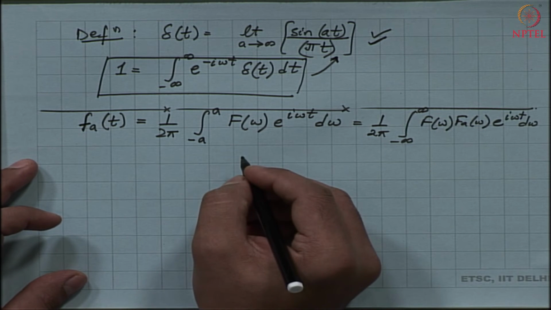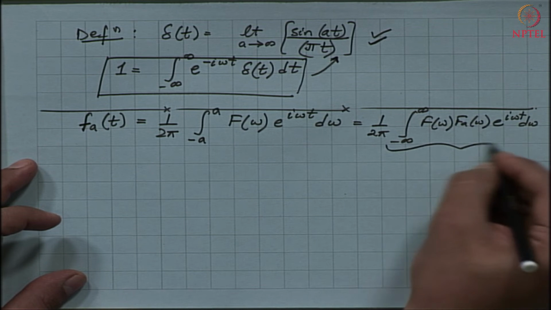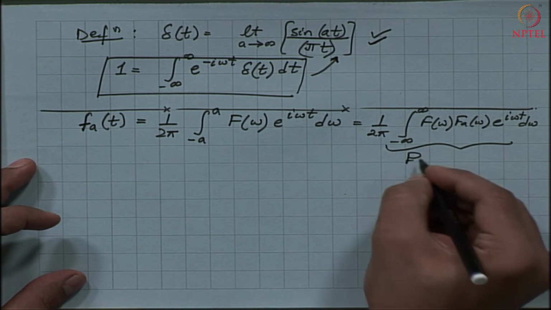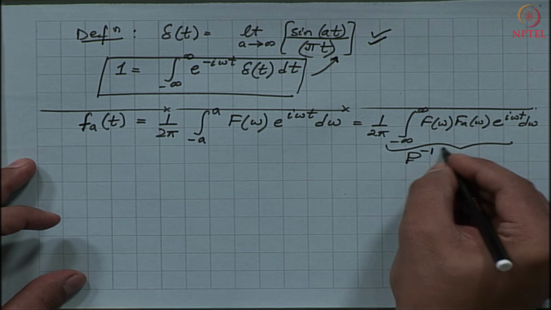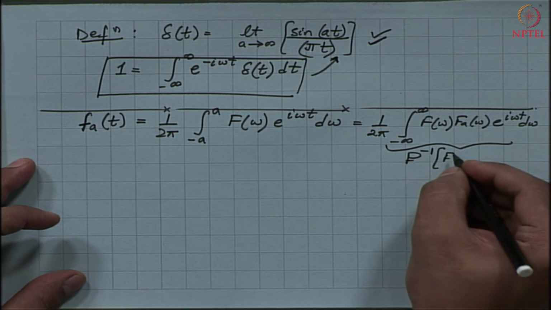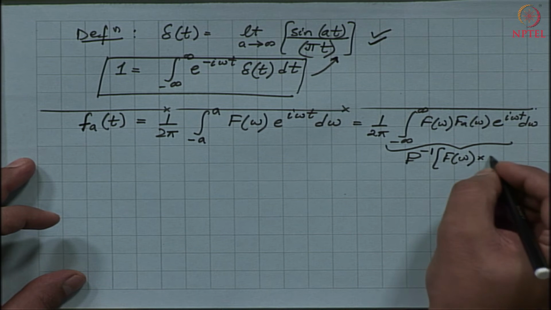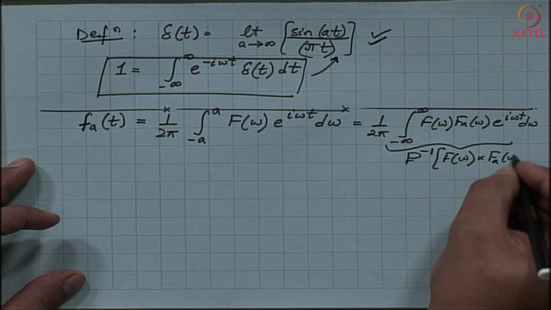So, we see that this is nothing but the Fourier transform inverse of the product of two transform functions, F omega times F a of omega.